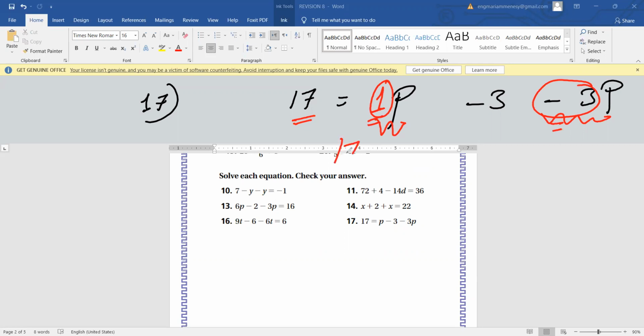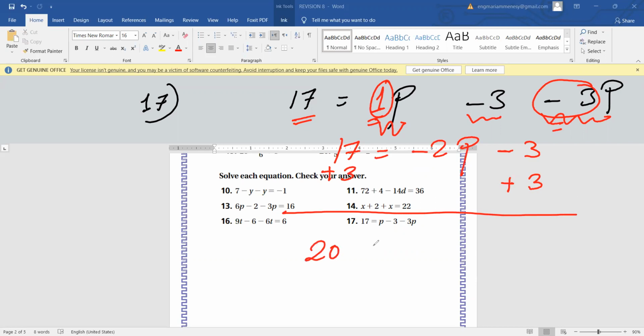Then 17 equals negative 2p, negative 3 stays as it is. Remove negative 3 first, add positive 3. 17 plus 3, 20. Negative 2p. Negative 3 plus positive 3 is 0. Okay? Then divide by negative 2 on both sides.